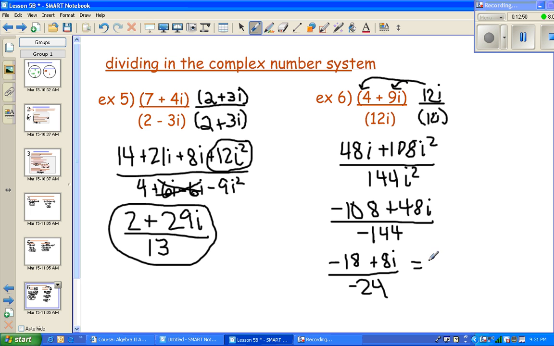So I'm going to divide all this by 2 again, and so I'm going to get negative 9 plus 4i over negative 12. You might also see that as 9 minus 4i over 12.